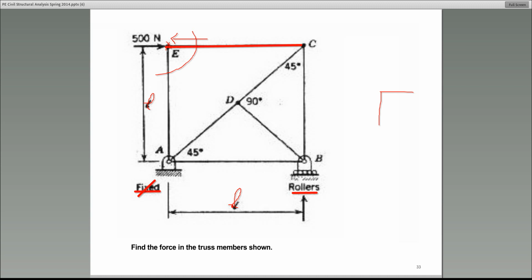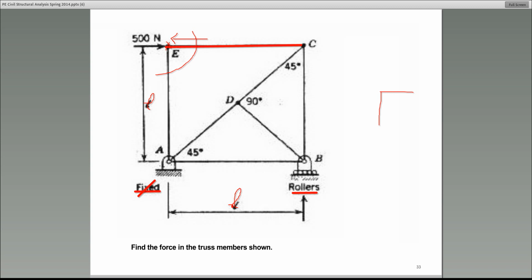It has to push because those 500 newtons would have to cancel each other out. So for the summation of forces in the x direction at E to be equal to 0, the internal force in EC must be 500 newtons. The force would have to be pushing towards the joint, which makes it compression. The answer, CE, is 500 newtons in compression. If you want to write down the equations, that's fine, but really by inspection, you should be able to tell.